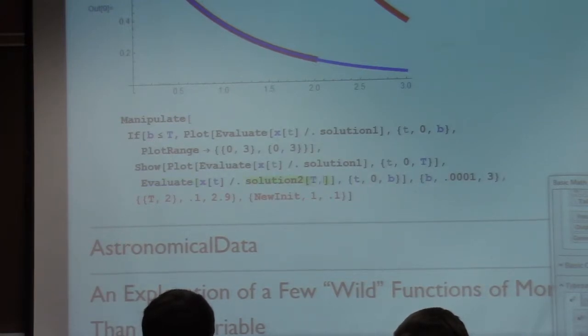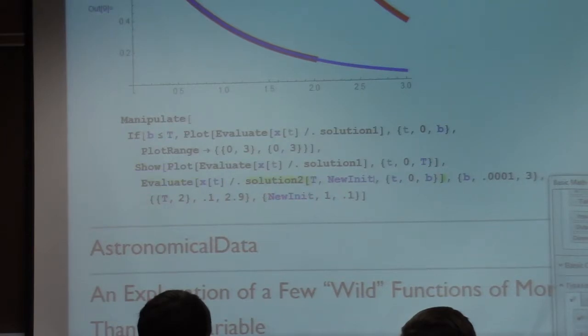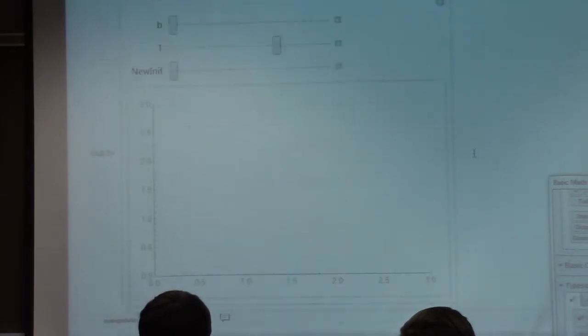So I'll put a capital T and a new init in there. And some stuff is red, so I must have syntax errors here somewhere. Let's see. That ends the solution 2, this ends the evaluate, this ends the show. I don't see any more red. I'm going to go ahead and risk it here and see if it works. Cross your fingers. No errors so far.